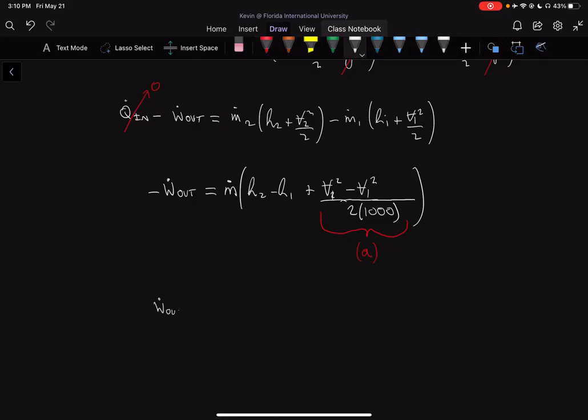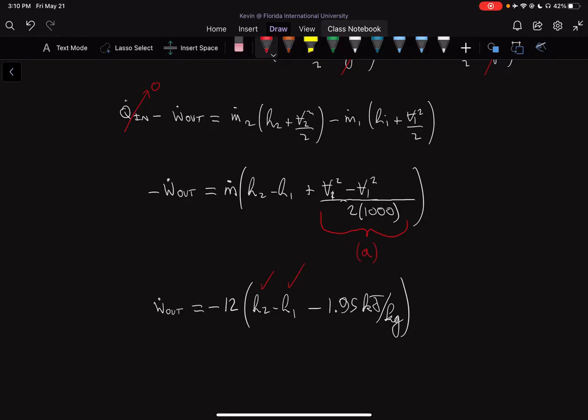So we have work dot out is equal to negative mass flow rate times (h2 minus h1) minus 1.95 kilojoules per kilogram, because we already computed it in part A, so I'm already going to plug it in. And the mass flow rate, we can substitute our value, which we already know, which is minus 12. So we have all those terms, and we're left with finding this term and this term.